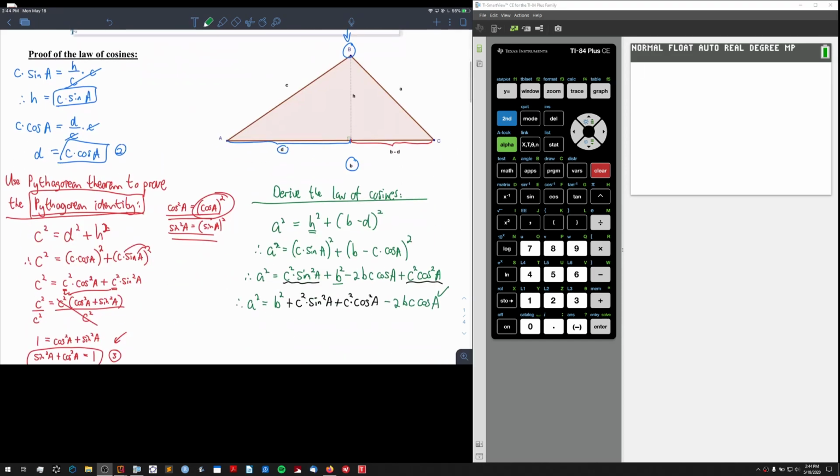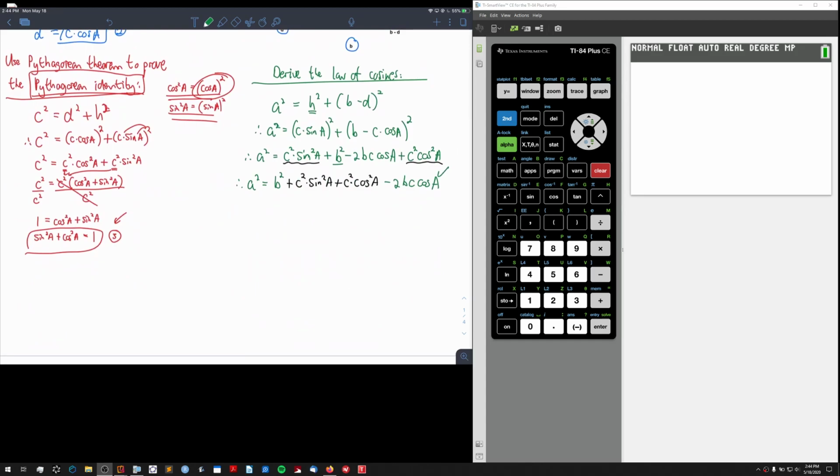Ha, we're almost there. Okay, so if you look at this carefully, ooh, something should be jumping out at you. I see something similar going on here. So you say a squared is b squared plus, how about I factor out a c squared again, and I get this, sine squared a plus cosine squared a minus 2bc cosine a.